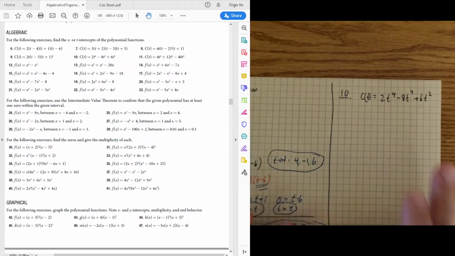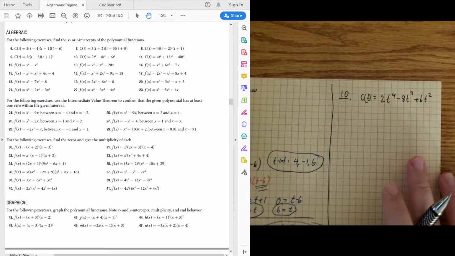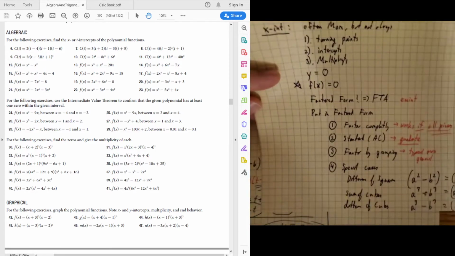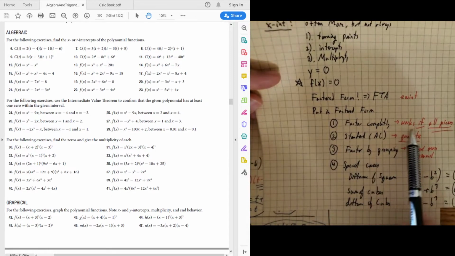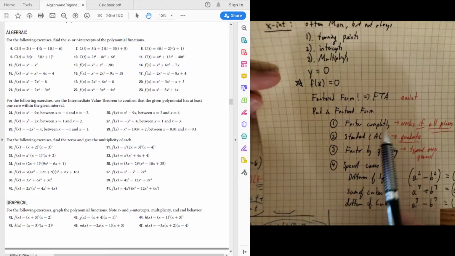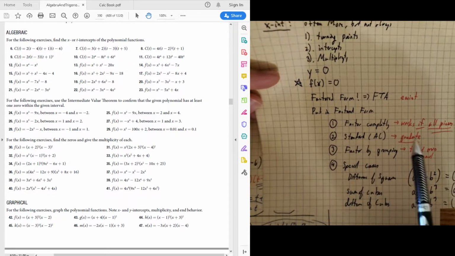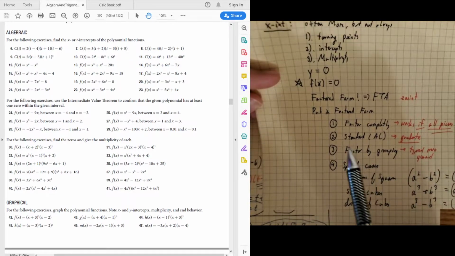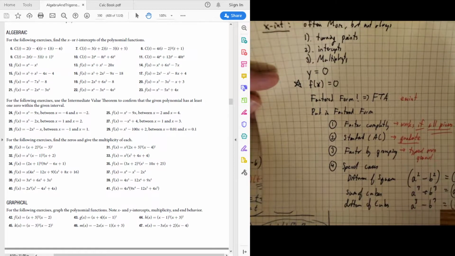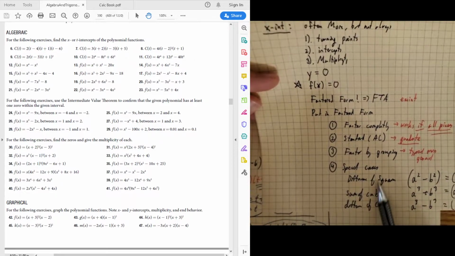Now, if we look at our list and see what our options are, we could try to see if anything comes out of all the pieces, so factoring completely. We could look to see if it was a quadratic, but sadly it's not a quadratic. We could try to factor by grouping. Factor by grouping, again, is less typical, but it's a good fallback if you're finding that the first two are not working. And then we should always check to see if it's a special case.